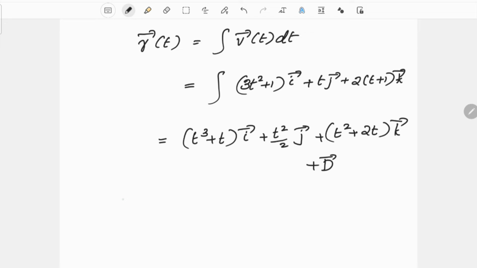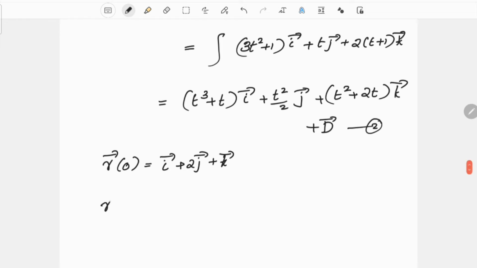And for finding this vector d, we use the initial condition r(0) = i + 2j + k, and from this equation we obtain r(0) = d.